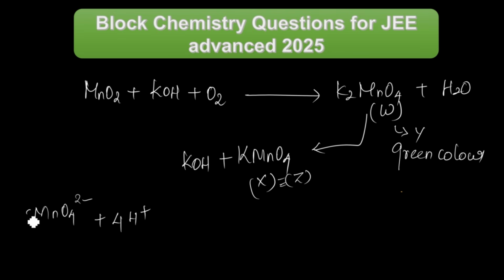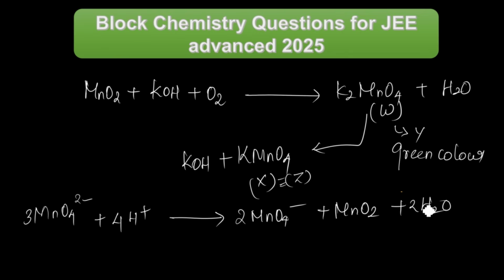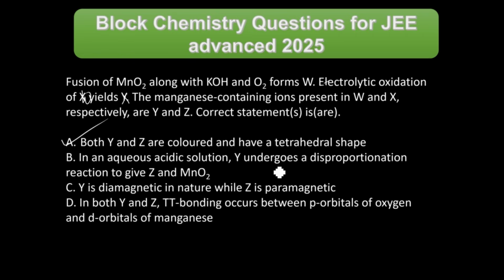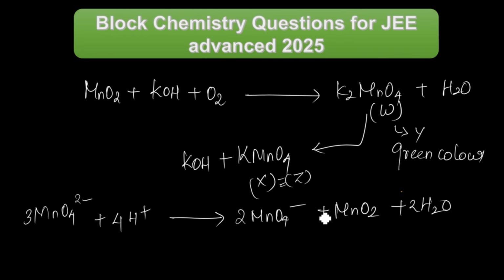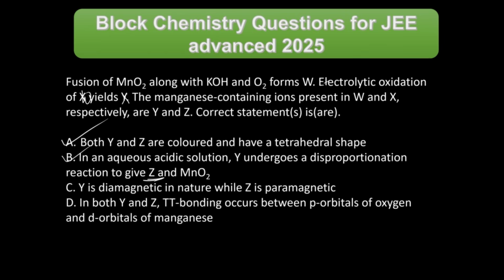The balanced equation gives 2MnO4- plus MnO2 plus H2O. What is Z? KMnO4. That statement is also true, and MnO2 is formed.